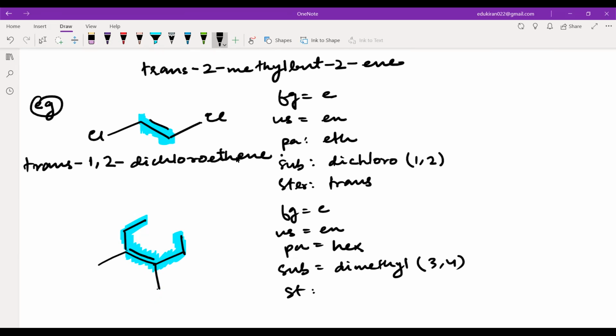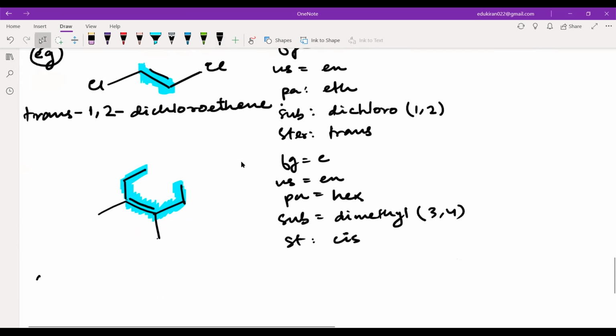And then the stereochemistry is cis. So you will be naming this as cis 3, 4, dimethyl, hex 3-ene. That's it.